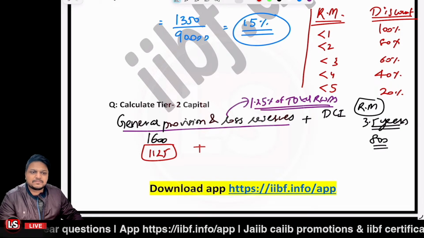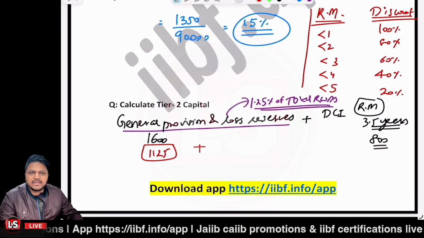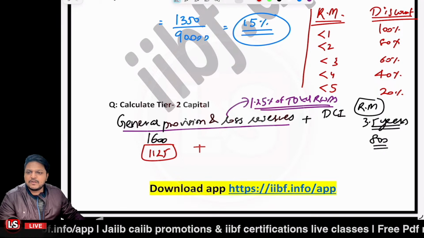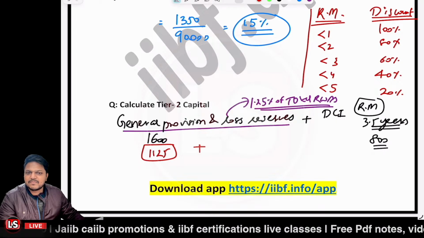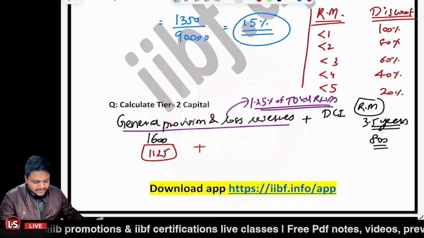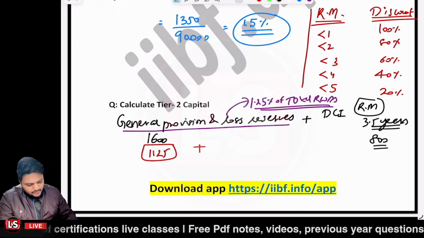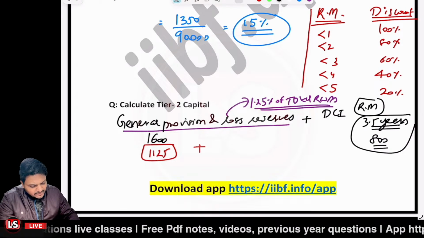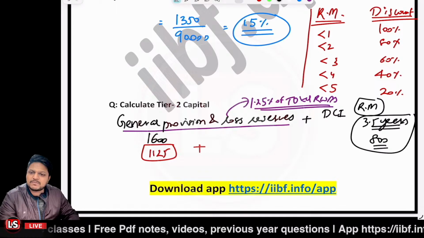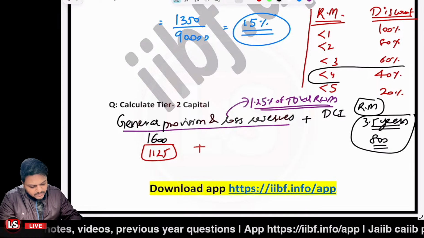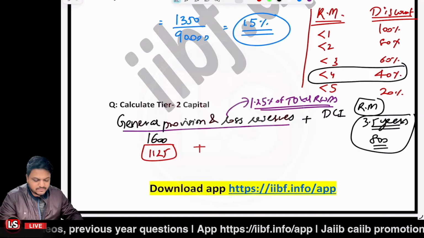Is that clear? Is this clear to you? Please confirm. Right. So we are having the residual maturity over here. And in the question, we are provided that we are having the residual maturity of 3.5 years, means lesser than 4 years, but greater than 3 years. So it will be related to here. Less than 4 years.